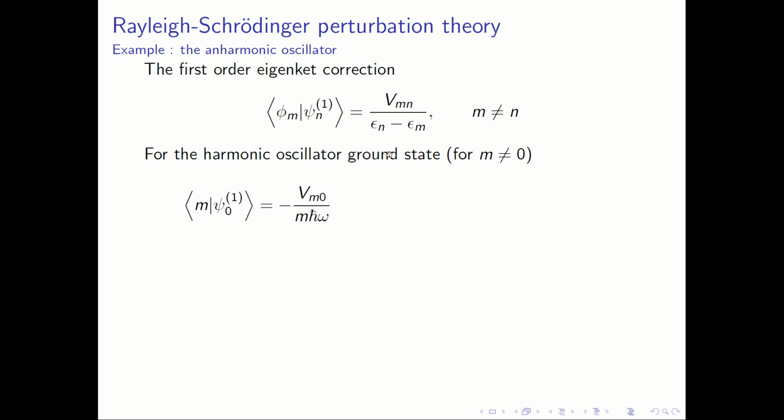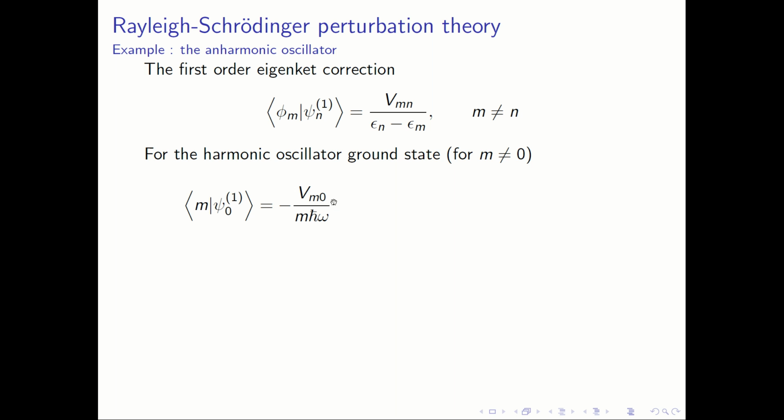For the harmonic oscillator ground state, of course what we need, well, ground state which used to be the ground state for the harmonic oscillator without the perturbation, the wave function correction for that psi 01 to first order has this overlap with m, namely minus V m0, and epsilon n minus epsilon m is simply minus h bar omega.